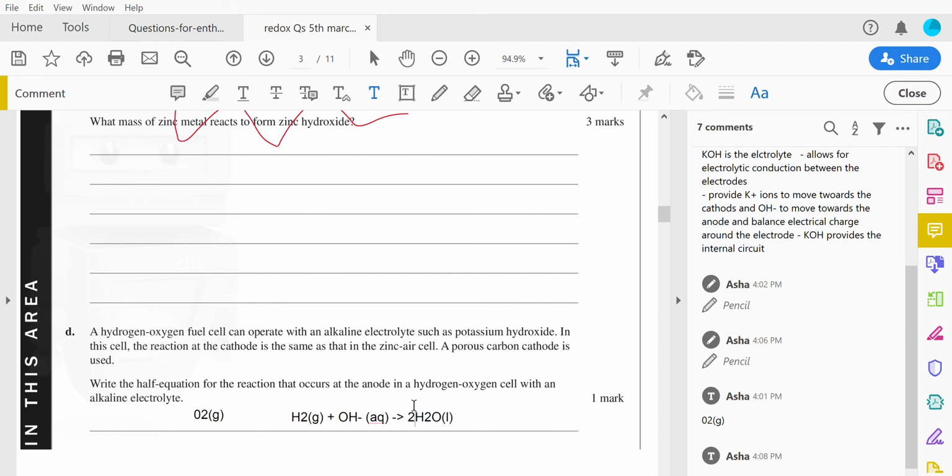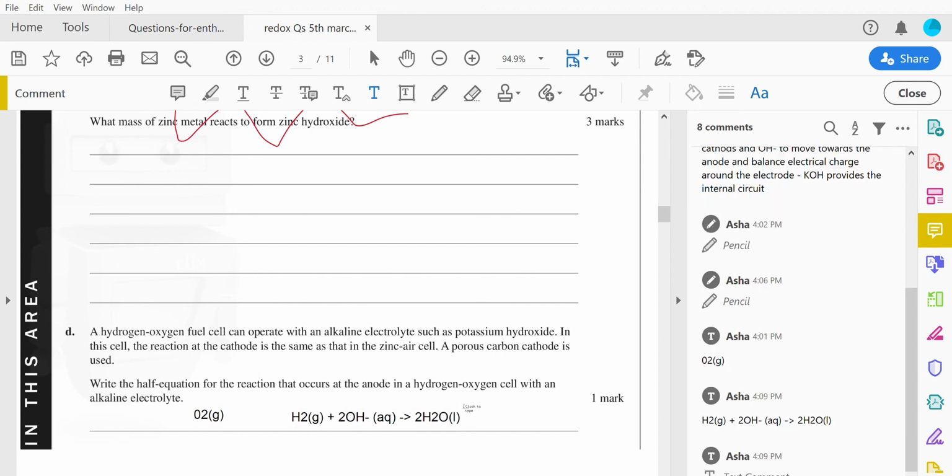So nice and simple, I just need 2 lots of water and then 2 lots of hydroxide ions, and then I've got 2 oxygen, 4 hydrogen, 4 hydrogen, and that's my full balanced equation. I also need to be thinking then, where am I putting my electrons? Anode is oxidation, oxidation is loss, electrons are going to be part of the product. Okay, so that is my overall reaction.